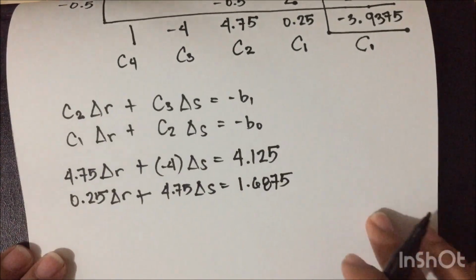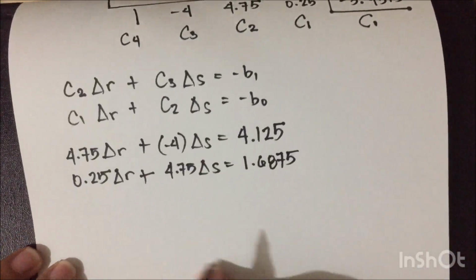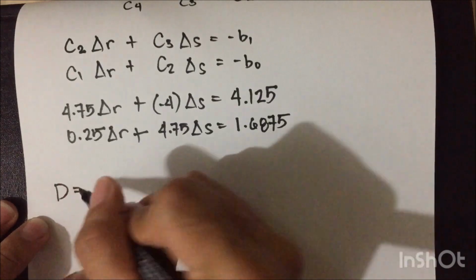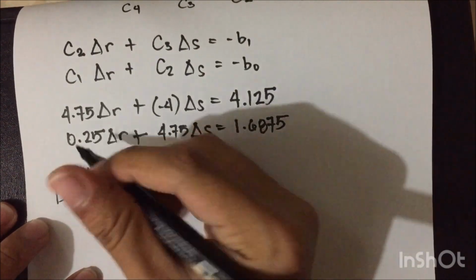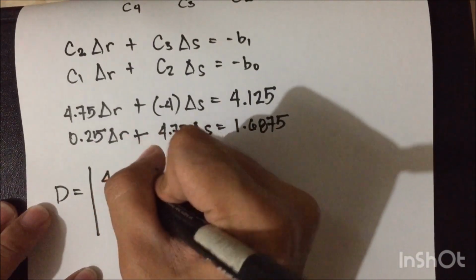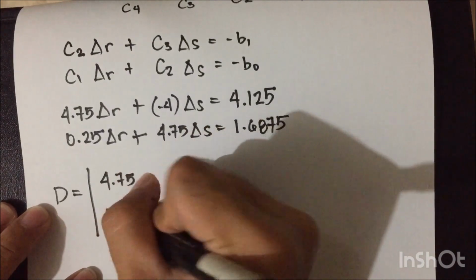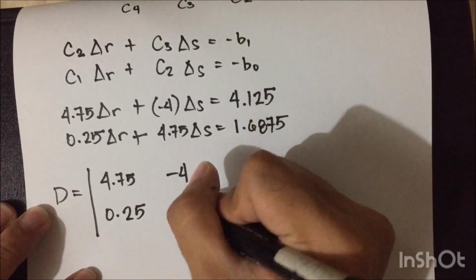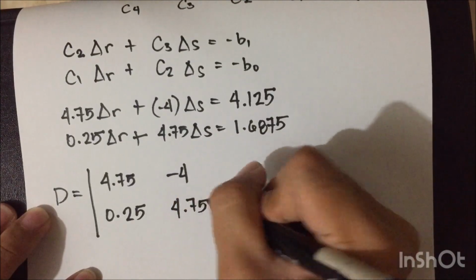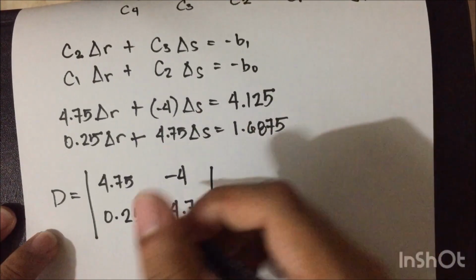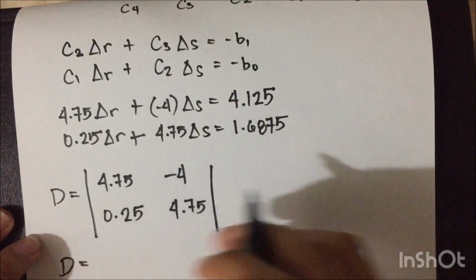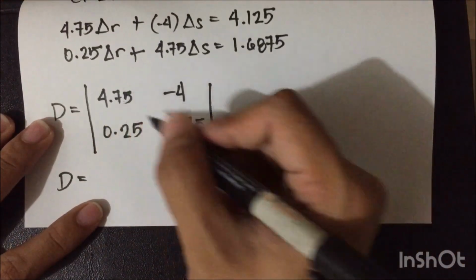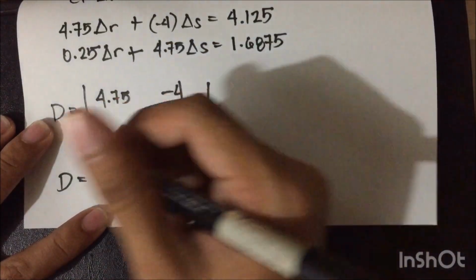So yun guys, kunin muna natin yung determinant. So D is equal to 4.75, 0.25, negative 4, positive 4.75. So, sa pagkuha ng determinant is multiply downward diagonally.